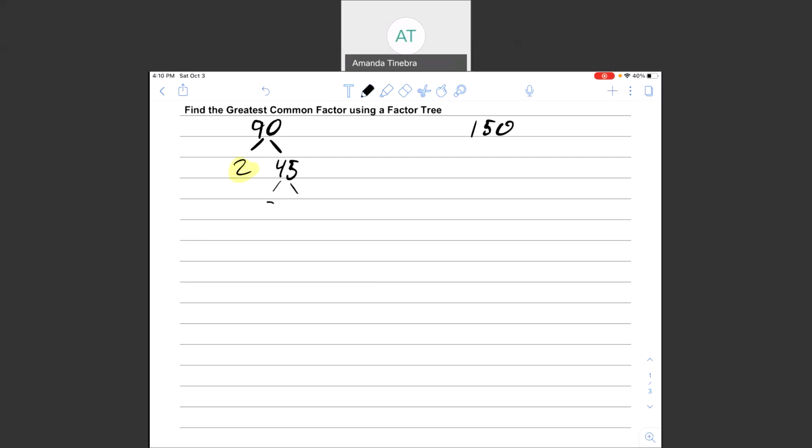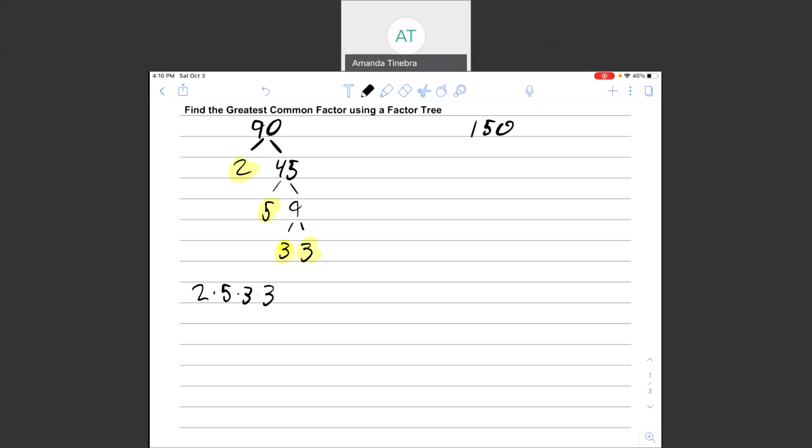For 45, I have 5 and 9. 5 is prime. And then for 9, I have 3 and 3. My 3s are prime. My prime factorization now is 2 times 5 times 3 times 3.